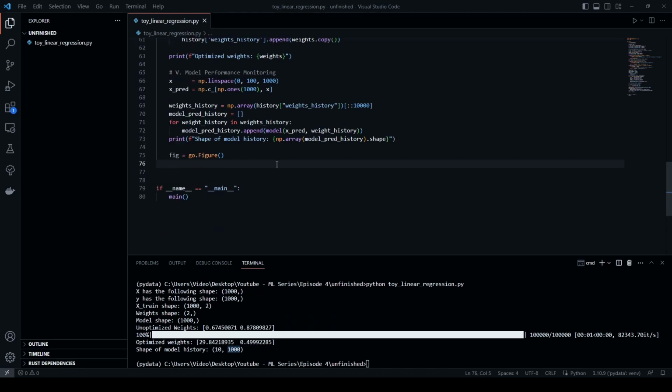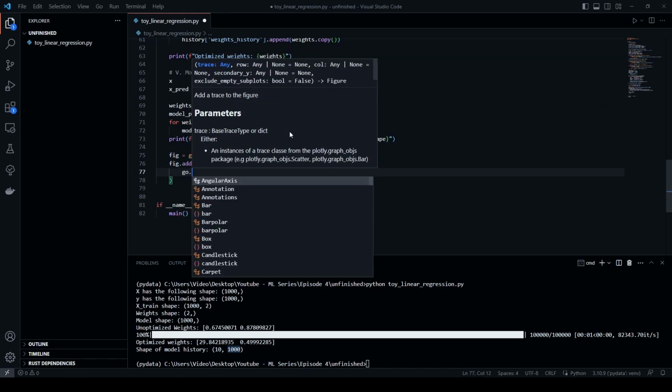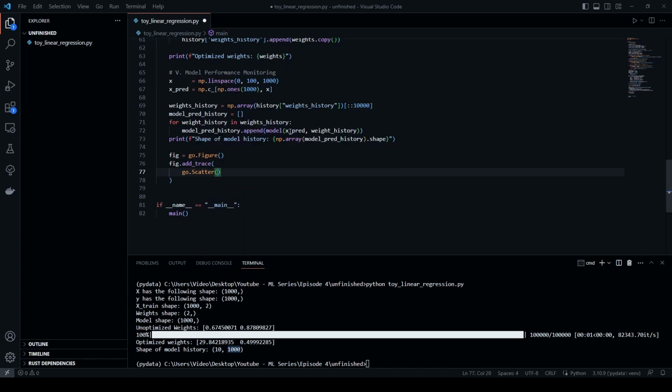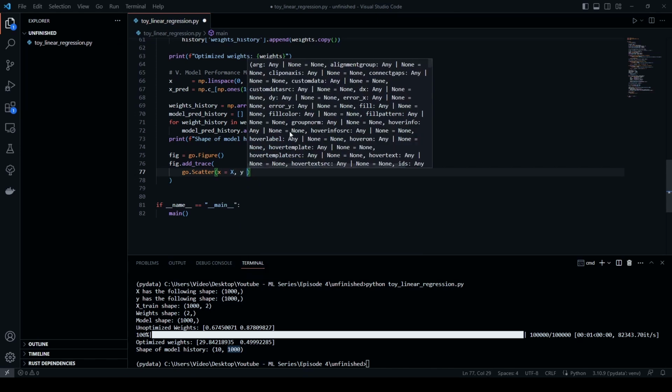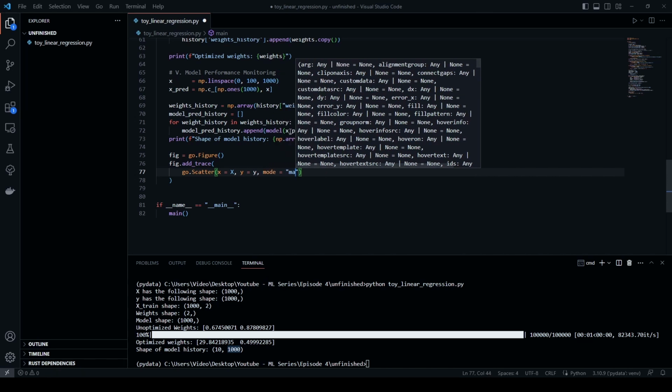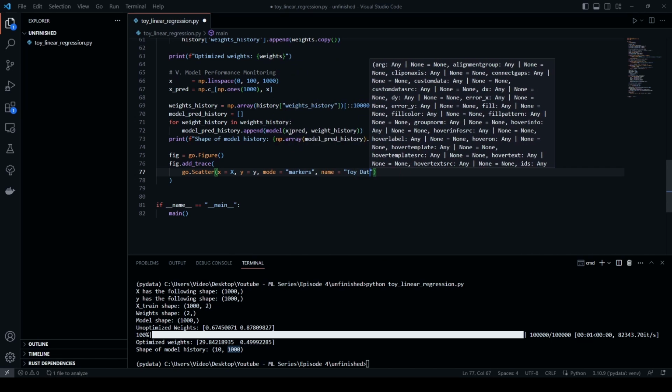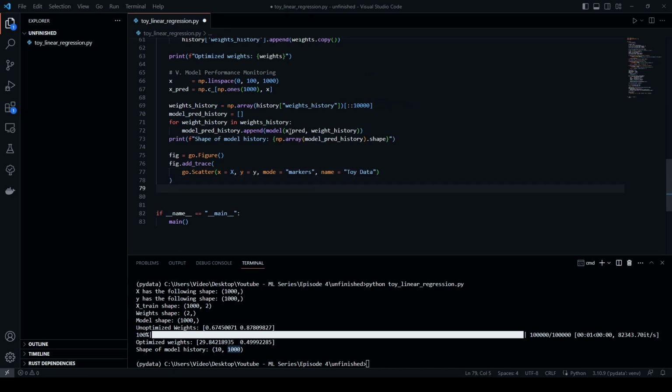We will use Plotly, and for Plotly we can create a figure instance with go.Figure, and then we can add traces. What we want to add is, for example, a line plot and a scatter plot. For the data, we want to use a scatter plot. We call go.Scatter, pass x and y, the mode is markers, and the name is toy data.